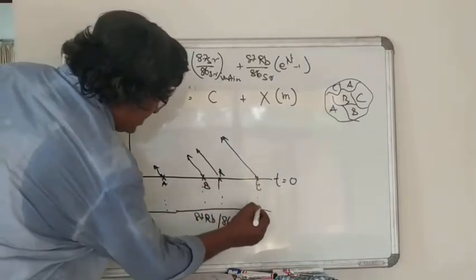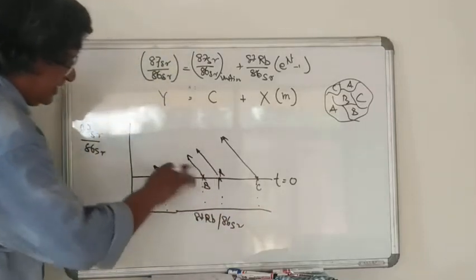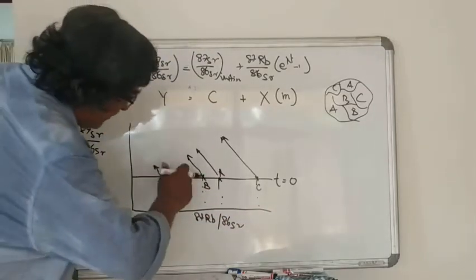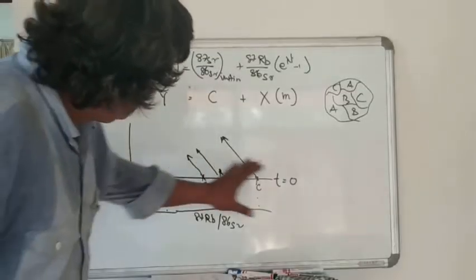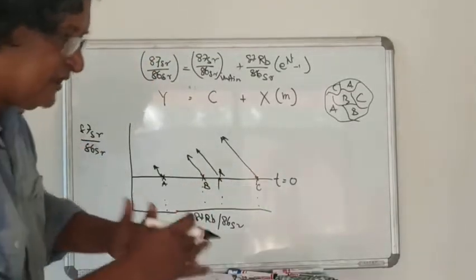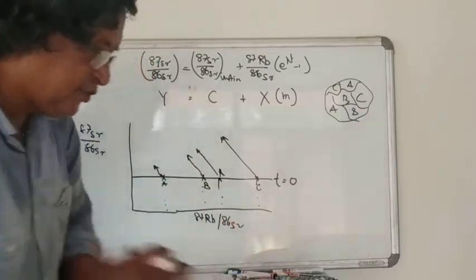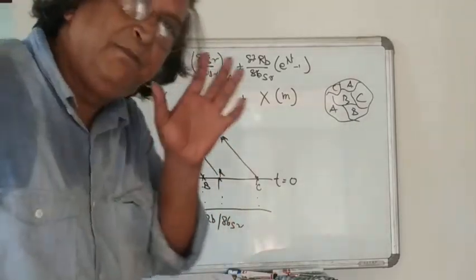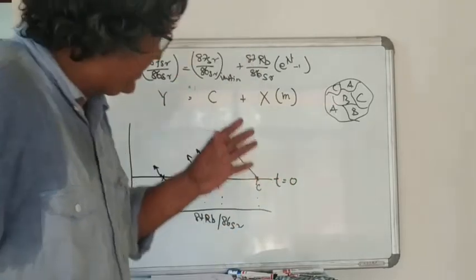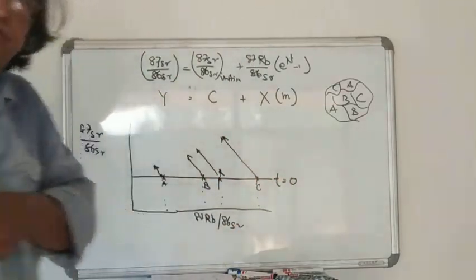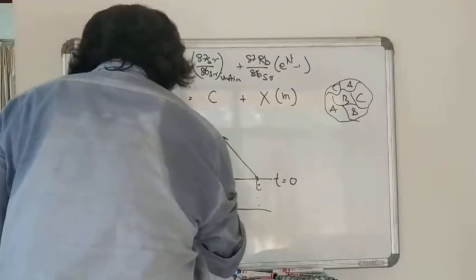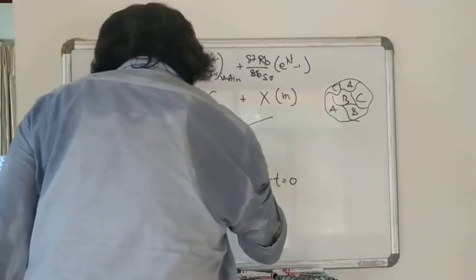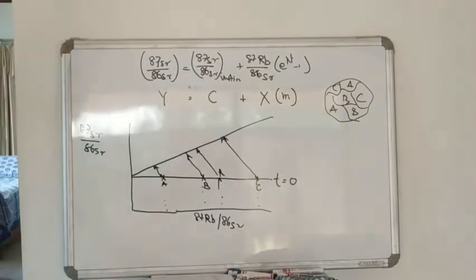Obviously, the rock will have an intermediate value depending upon the proportion of A, B, C, etc. Immediately after the formation at t equal to 0, 87 rubidium will start disintegrating into 87 strontium. And finally, according to this equation, you will have this situation.